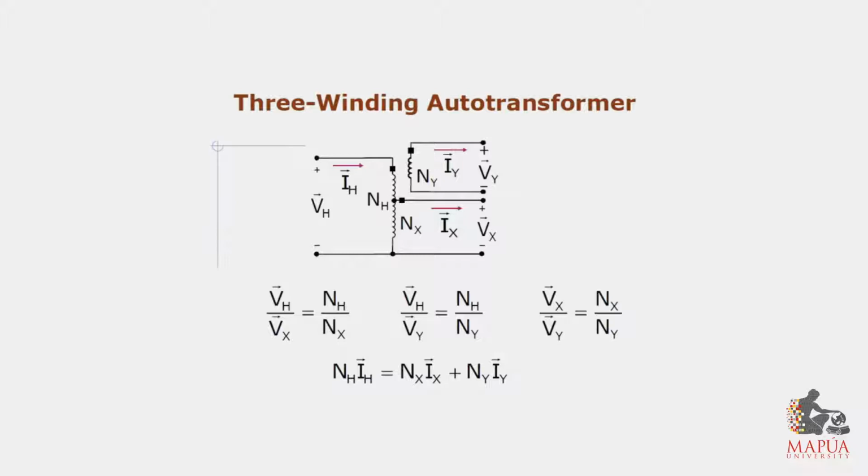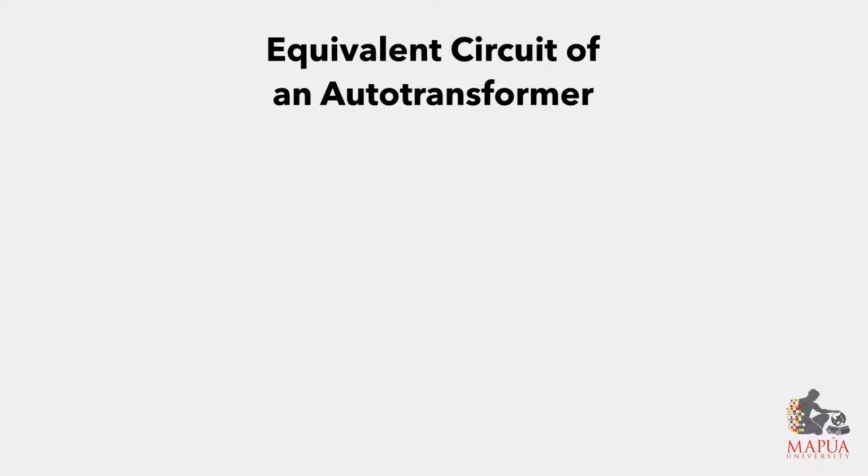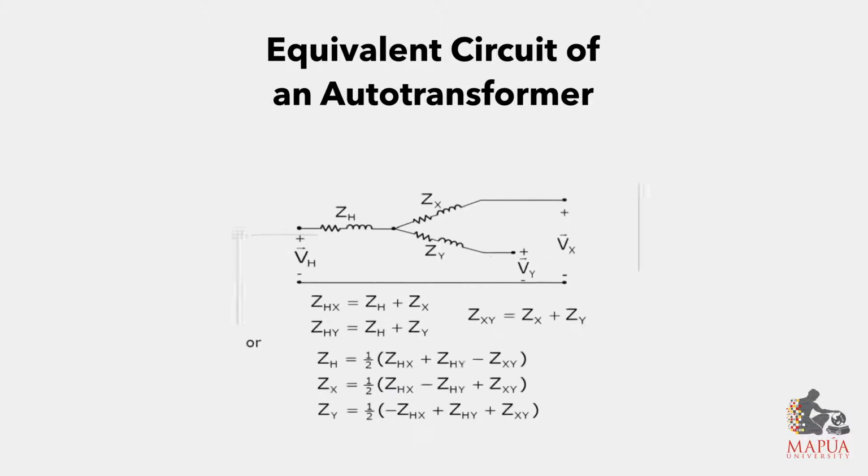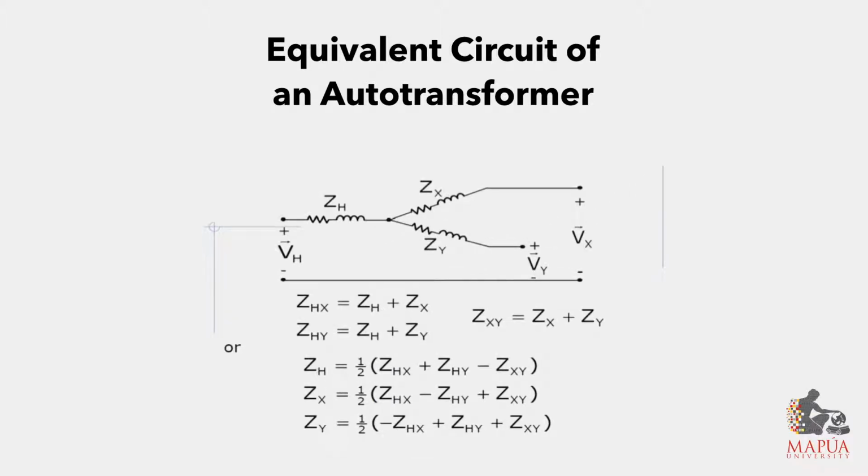With this, we can generate the magnetomotive force NH times IH, which is equal to NX IX plus NY IY. And this is the equivalent circuit of an autotransformer. So you have the relationships ZHX is equal to ZH plus ZX, ZHY is equal to ZH plus ZY, and ZXY is equal to ZX plus ZY.